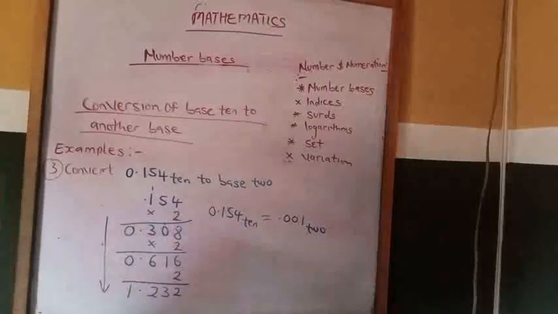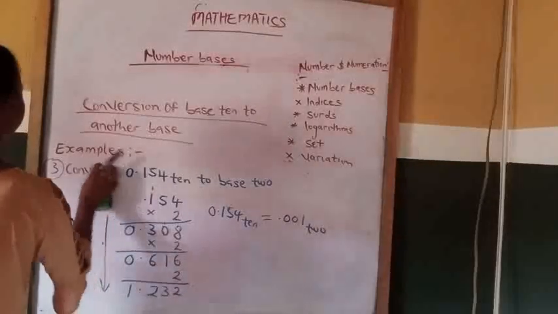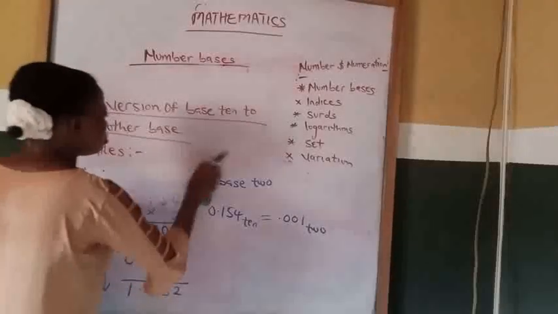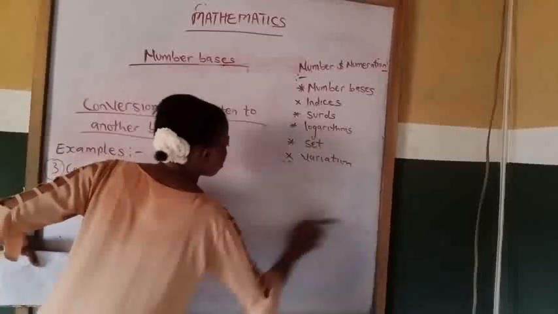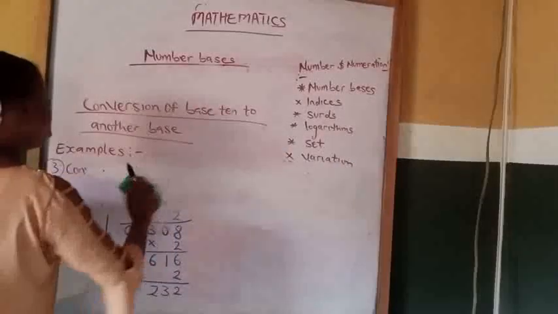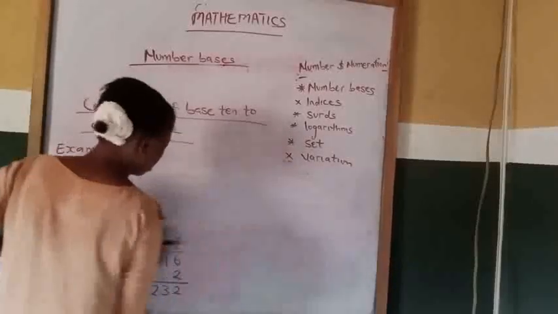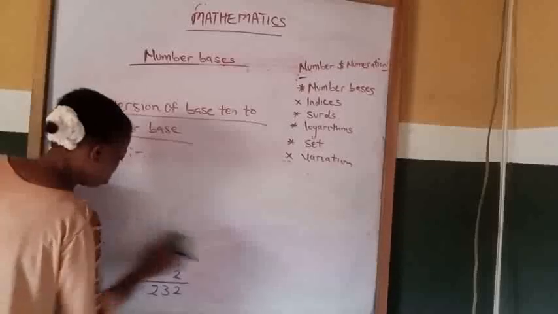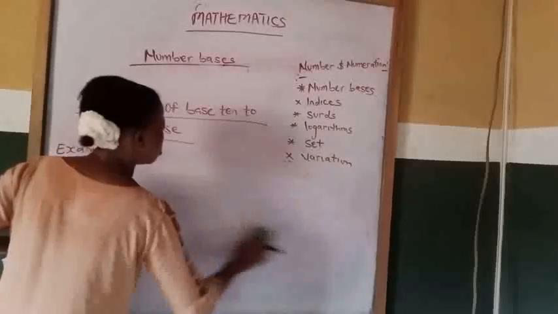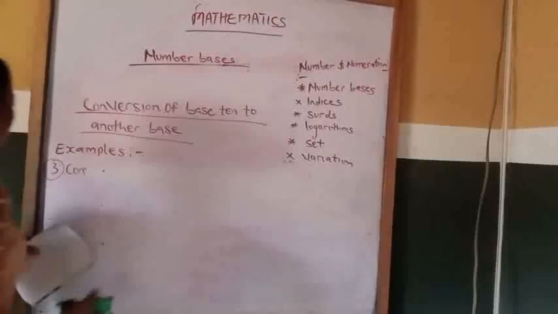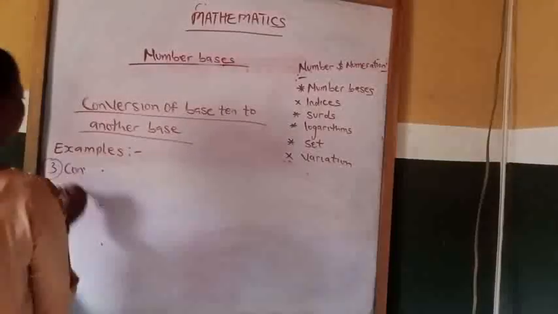Let's take one more example that has to do with a combination of whole number and a decimal number. Example 3.